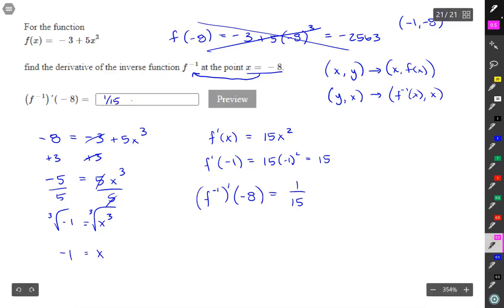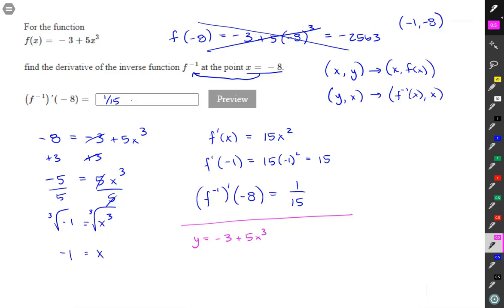An alternative route would have been to get the inverse function. To get an inverse function, you take the original function, which is y equals negative 3 plus 5x cubed. You swap your x and your y. So x equals negative 3 plus 5y cubed.